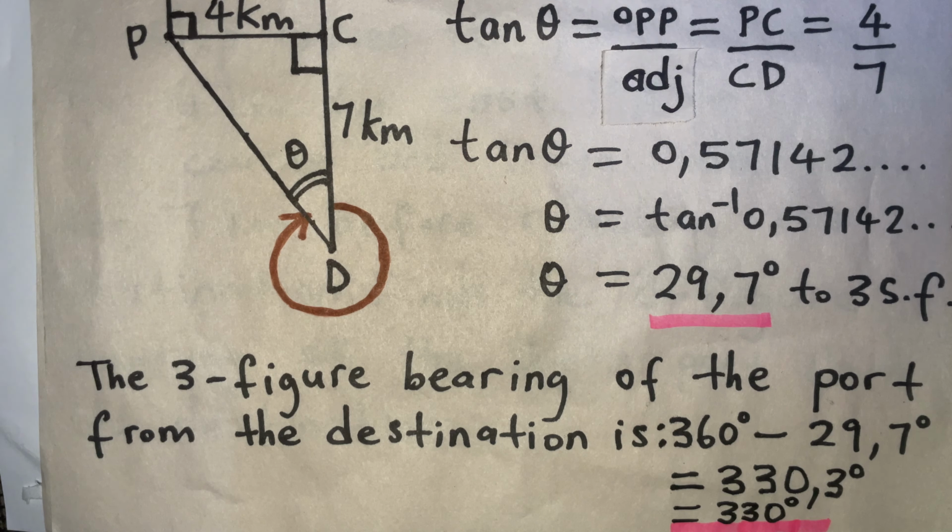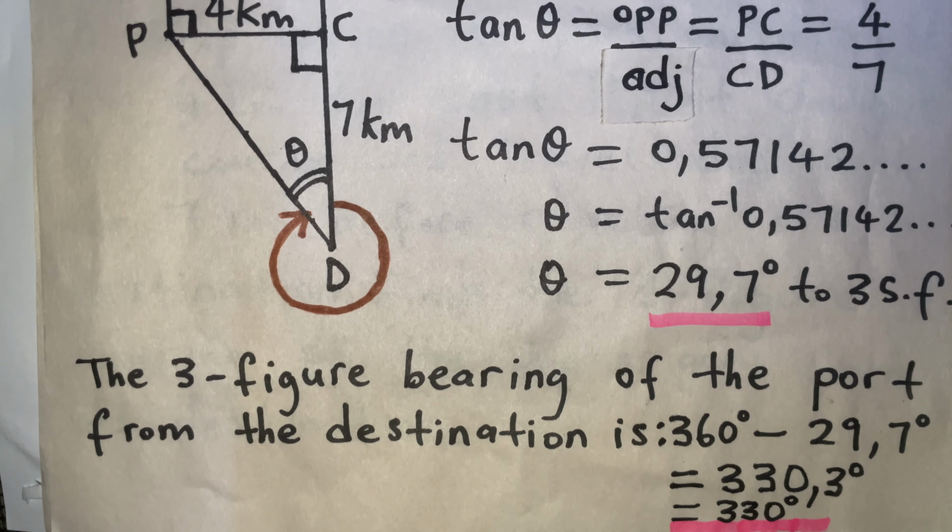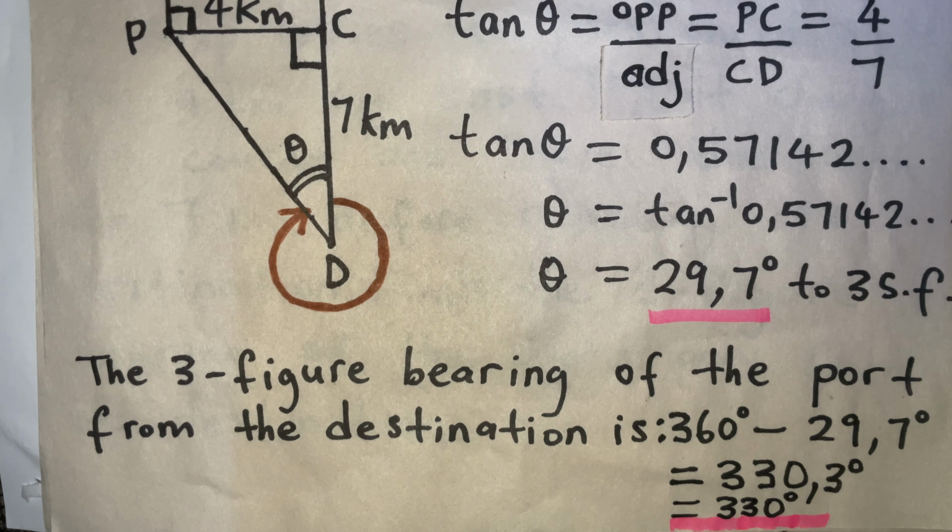So using the tangent ratio, tan theta equals opposite side over adjacent, which is PC over CD, which is 4 over 7. So tan theta equals 0.57142 etc. Okay, so for me to get the angle theta, you use a scientific calculator. First of all, we press the inverse button or the second function button depending on your calculator, and then press tan, and then we put this decimal 0.57142.